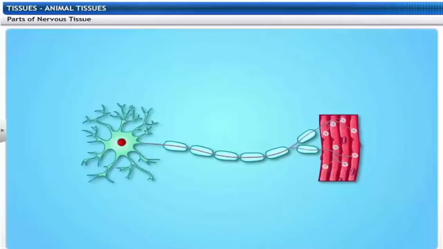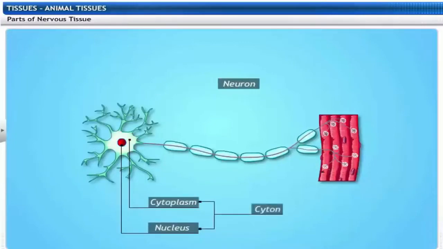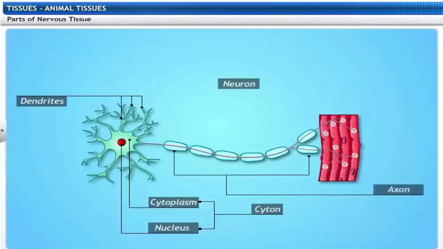Nervous tissues have elongated cells called neurons, and each neuron consists of a cell body with a nucleus and cytoplasm called cyton, and elongated hair-like extensions called dendrites. One of the extensions, called the axon, is very long.